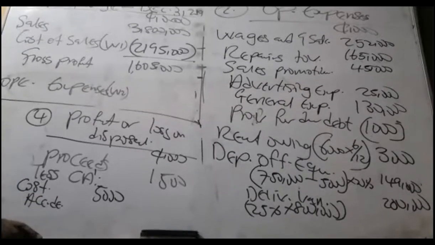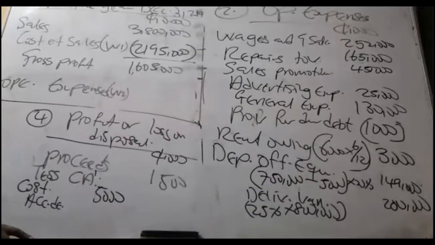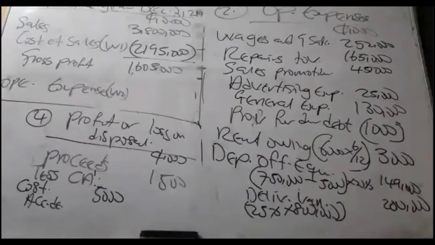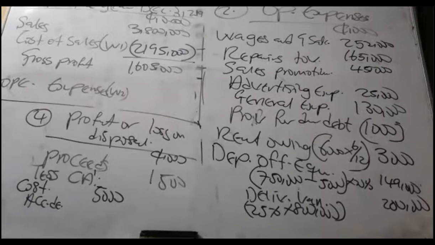Now, what we have to bear in mind is that it is office equipment. And with the office equipment, what is the depreciation policy on that? It's 20%, right? Good. So it's 20%. So let's find depreciation for a year. Now let's go and pick the number of years. So kindly tell me the number of years.